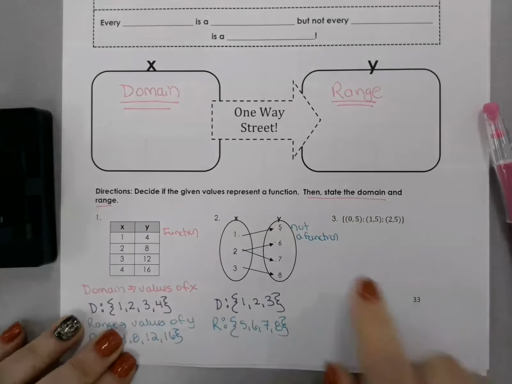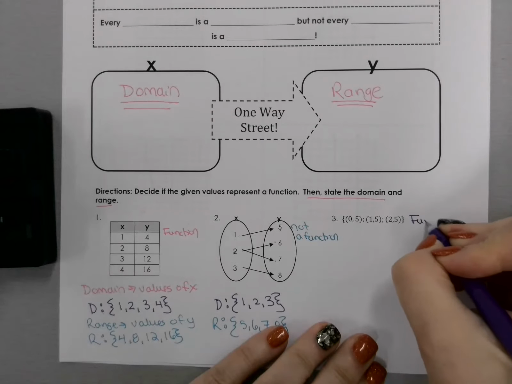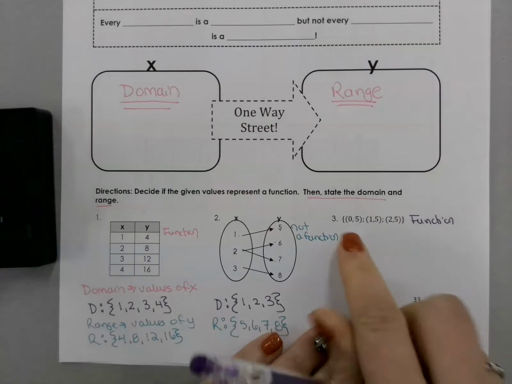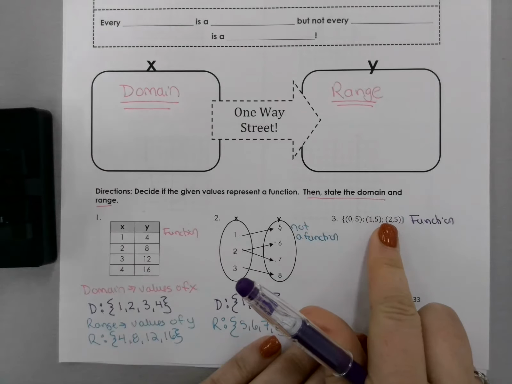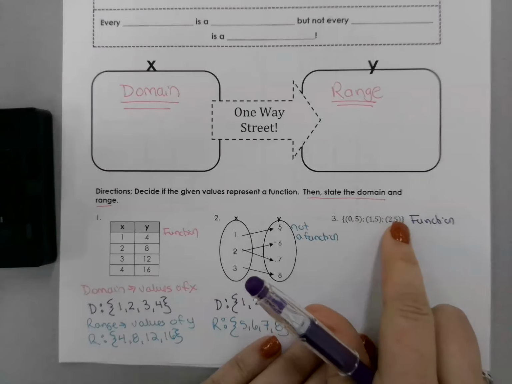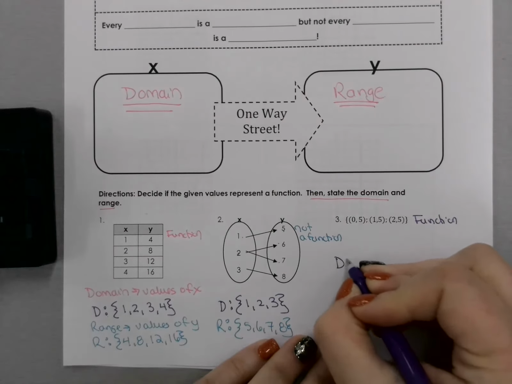Okay, the final relation, we determined in our last class that it was a function because I have 3 different x's, 0, 1, and 2. Repeating y's, 5, 5, and 5, are absolutely okay when determining if it's a function or not a function. It's the repeating x's. So let's look at the domain.